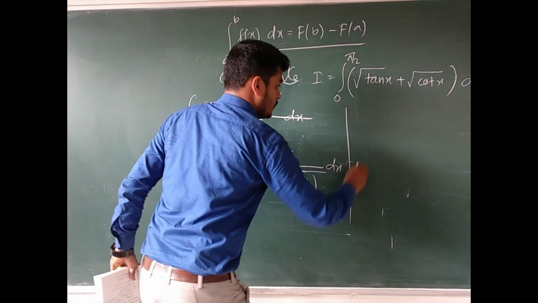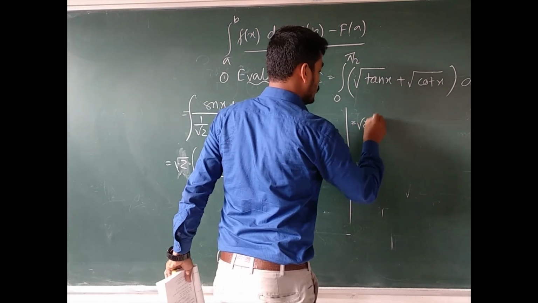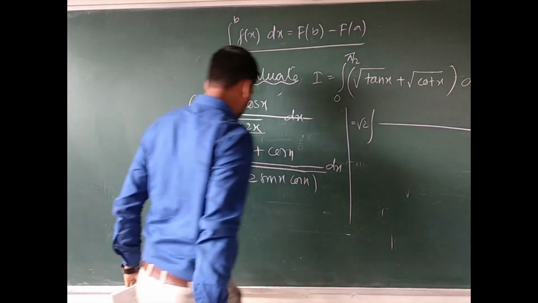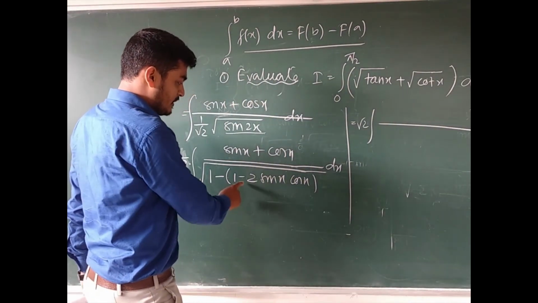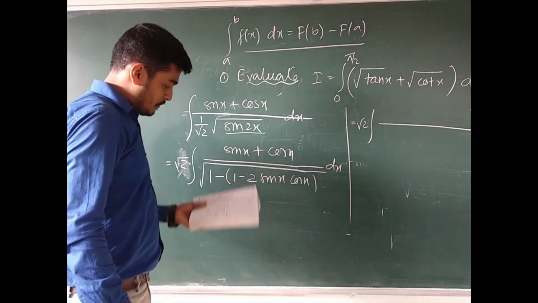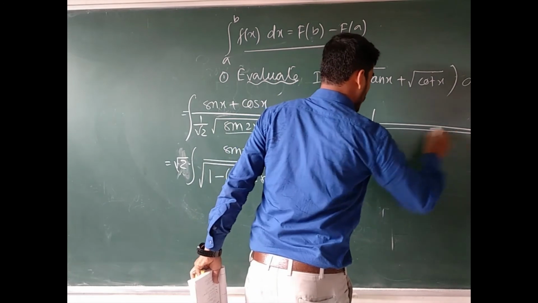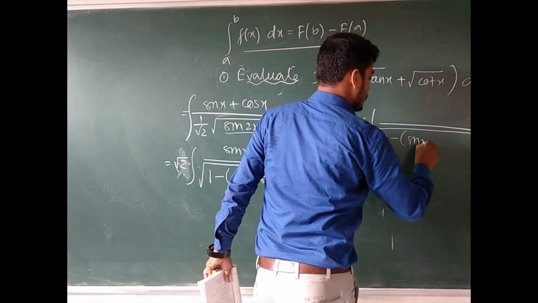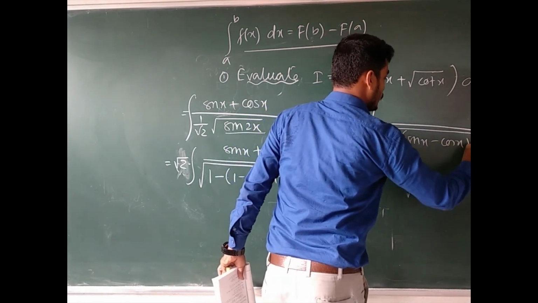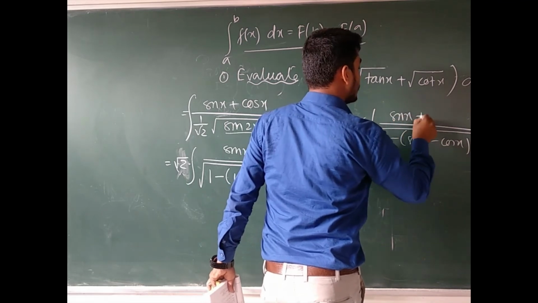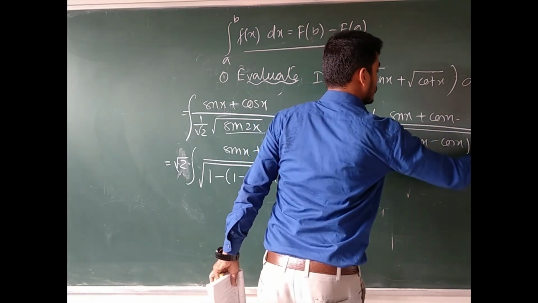Okay, so what is the next step? Root 2 integration of 1, simplify it carefully and you can apply a term here. This term is 1 minus, we will directly write, square of (sin x minus cos x) whole square, sin x plus cos x dx.